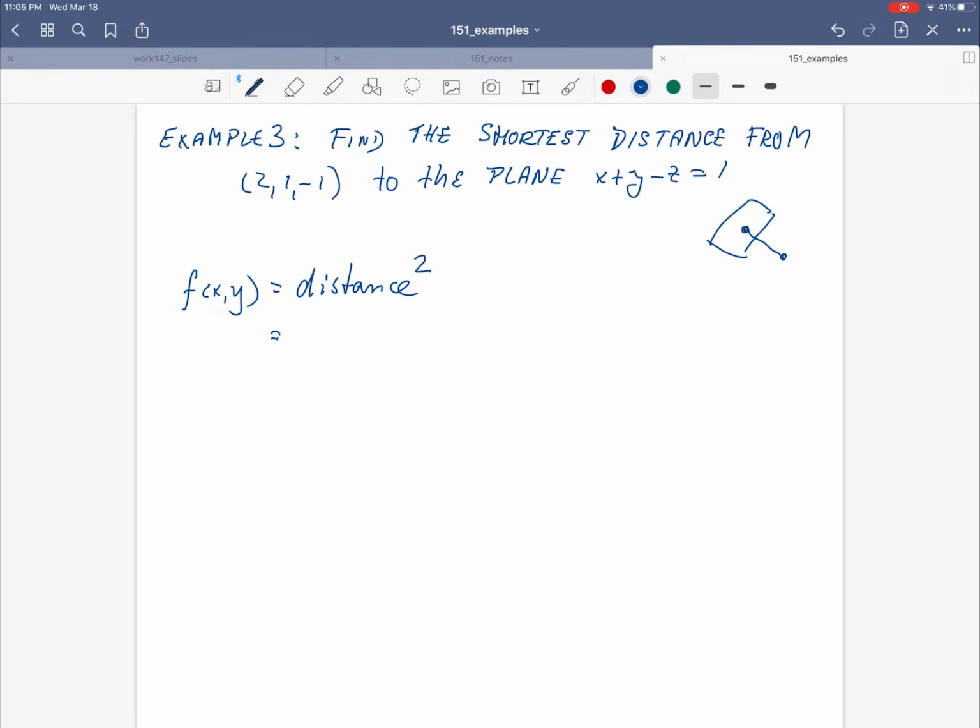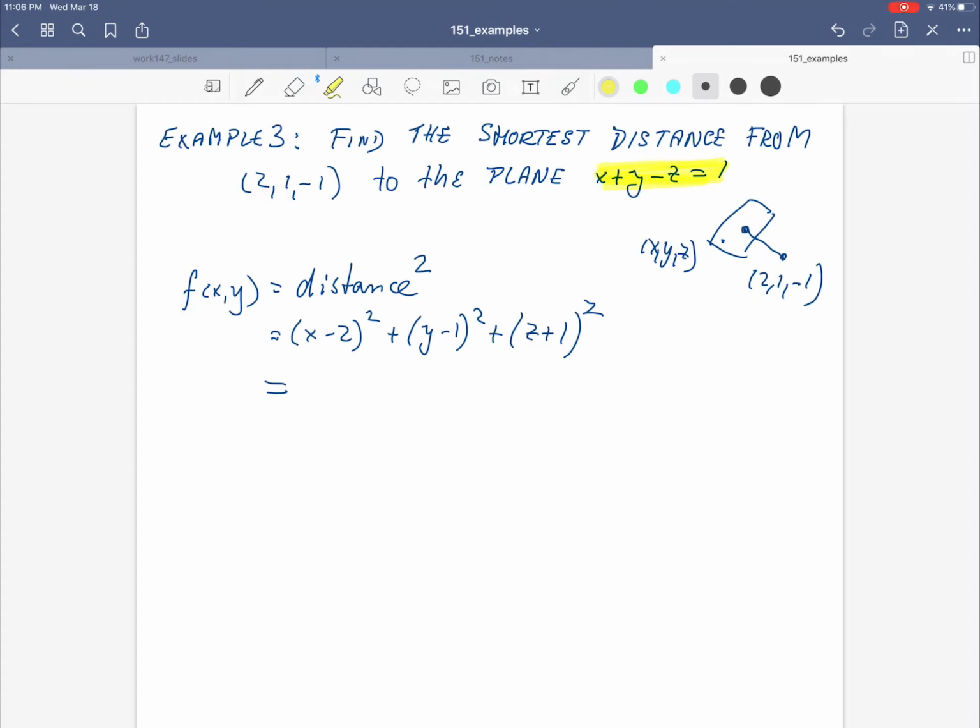So if I have a point x, y, z on the plane, the distance to my point (2, 1, -1), and the square of it, is given by (x minus 2) squared plus (y minus 1) squared plus (z plus 1) squared. That's not satisfactory because this formula depends on 3 variables and I want a function of 2 variables, but we know that the point x, y, z is on the plane, so not all 3 are independent.